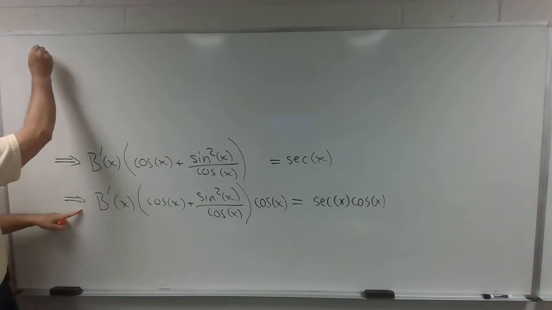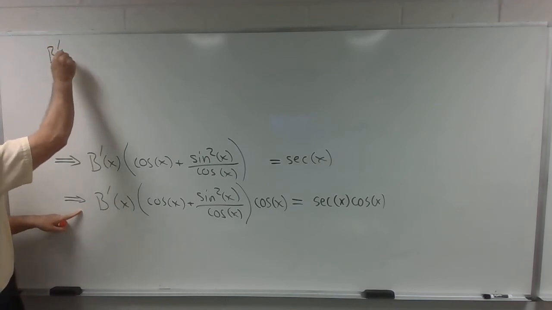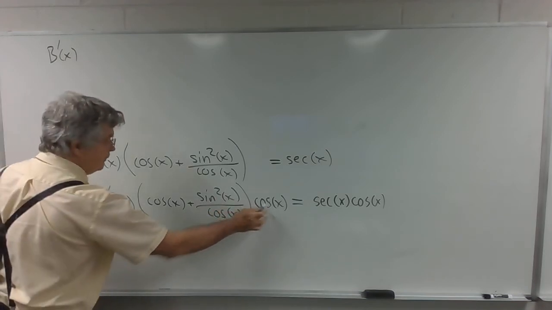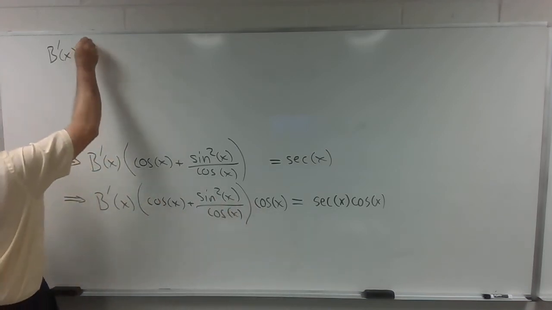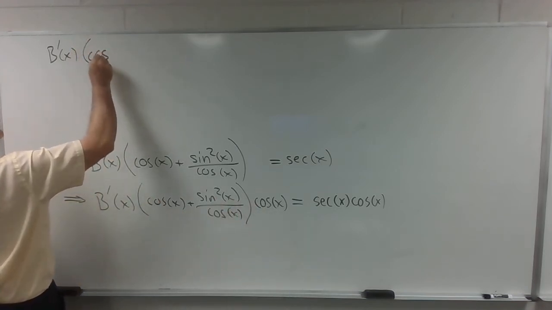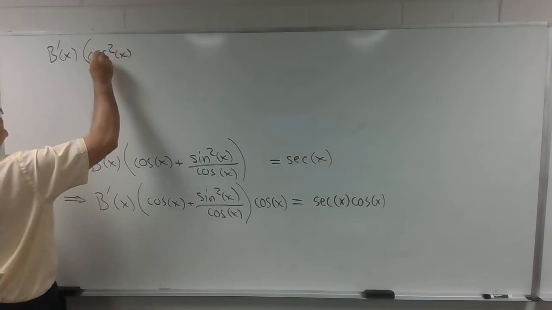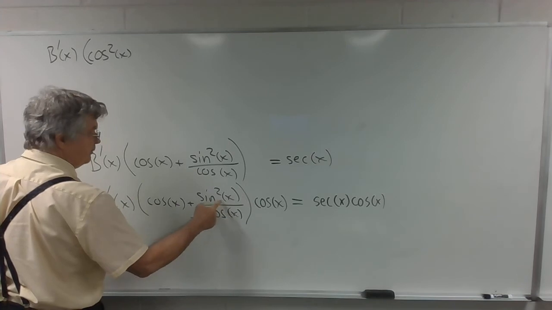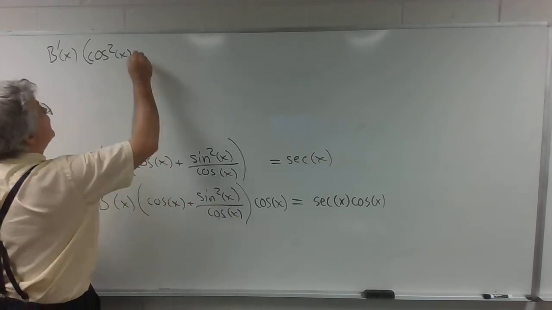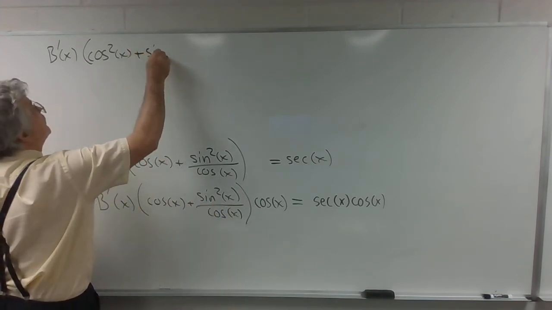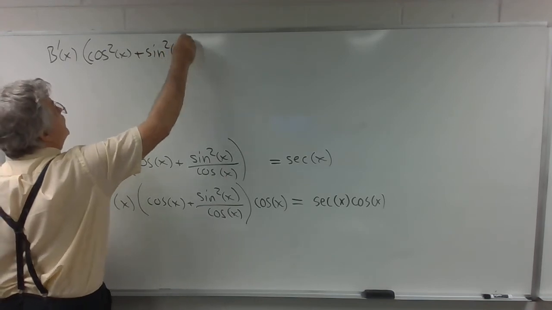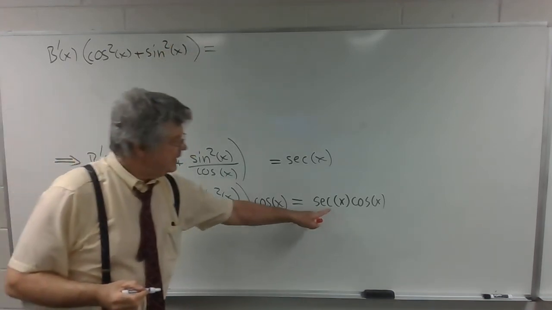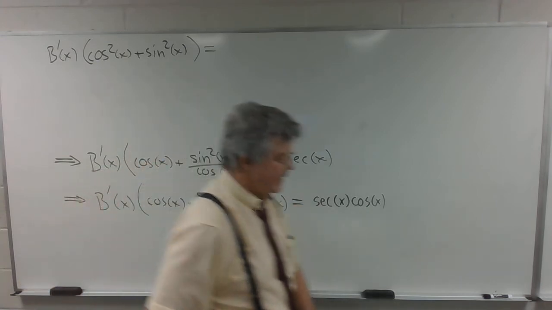Okay, let's see. B prime of x. Cosine times cosine is cosine squared, and cosine divided by cosine is 1, so we just have sine squared. And secant x times cosine x.